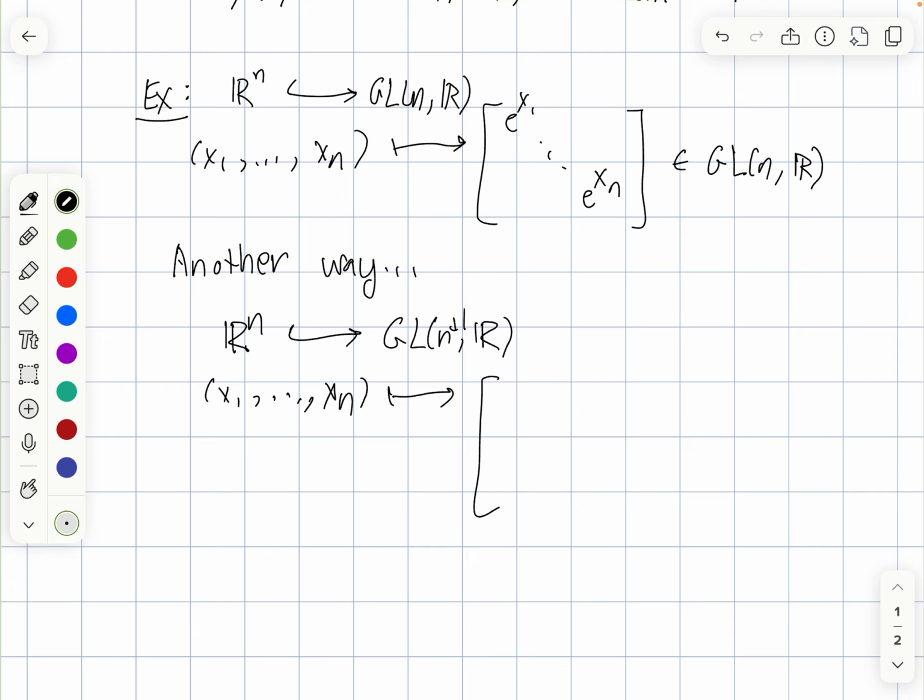This is in GLN plus 1, which is the identity matrix for the n by n part on the top left, and then it's zeros here, and then it's x1 to xn here, and then 1 here. And you can see that this is a group homomorphism.